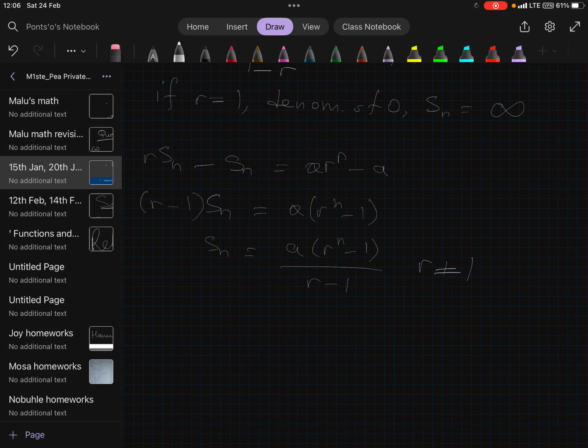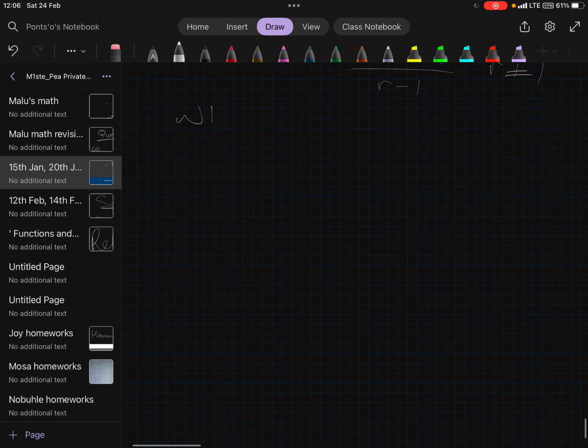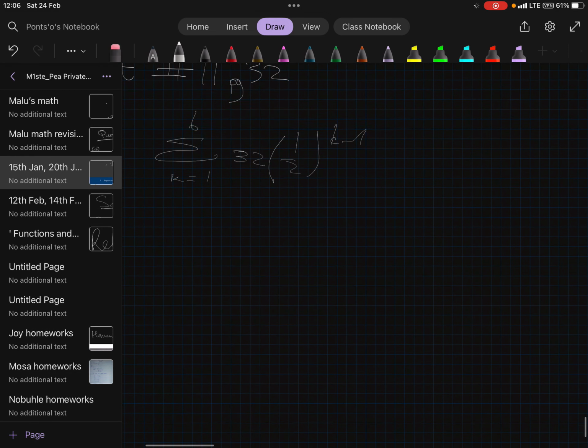So we can do a sum of a geometric series from worked example 11 on page 32. And we're simply given that in sigma notation, from k equals 1 up to 6, 32 times a half to the power k minus 1.